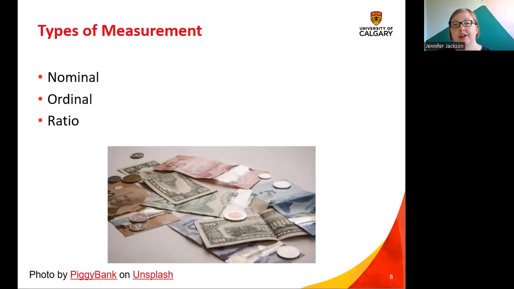So knowing that socioeconomic status is one of the most important factors in the world for health, there's lots of studies that look at what is your annual household income as a proxy to assess socioeconomic status. So with an ordinal variable, we might have categories like under $50,000, $50,000 to $75,000, $75,000 to $100,000, or $100,000 plus per year.